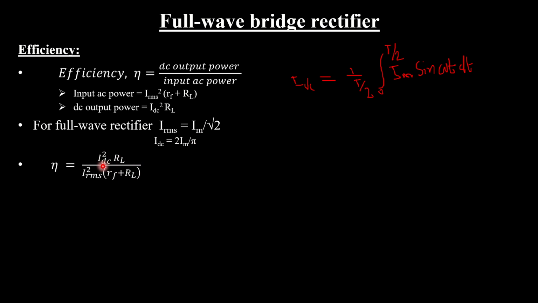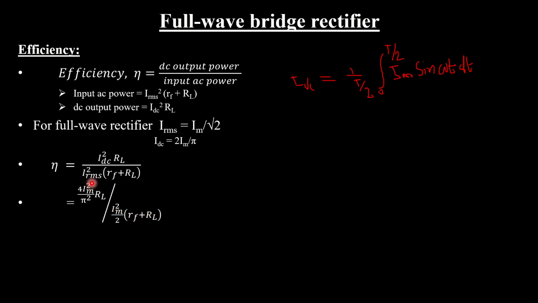If you substitute it here, we get 2 Im by pi whole square, that means 4 Im square by pi square, into RL, divided by IRMS square, where IRMS is Im by root 2, so it is Im square divided by 2, into RF plus RL.